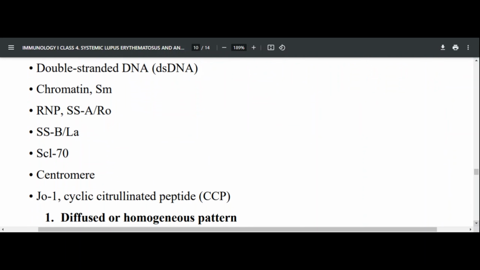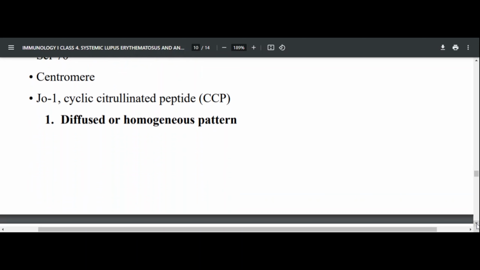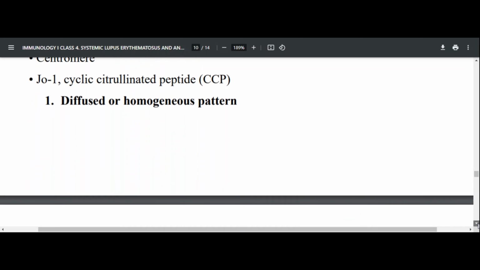So it depends on which antigen is detected in the nucleus, which is also equivalent to which antibodies these patients exhibit in the serum. So the first, as described before, is the diffuse or homogeneous pattern antinuclear antibody reaction.